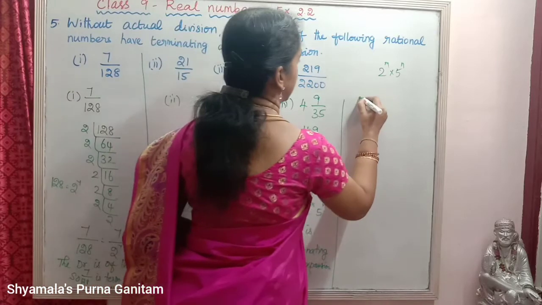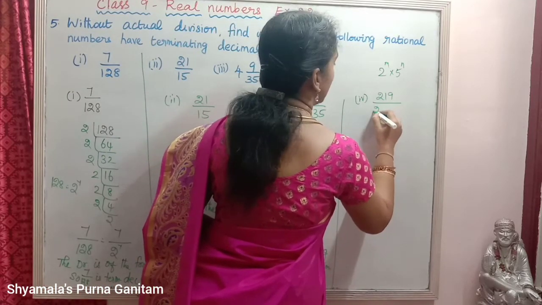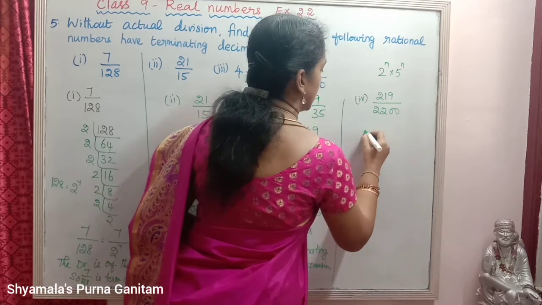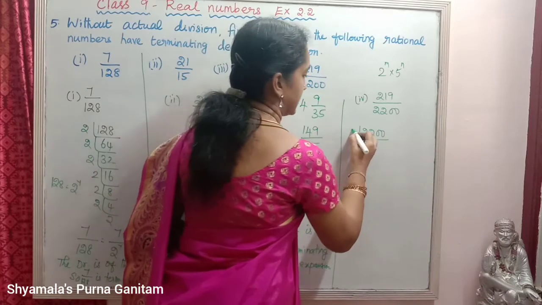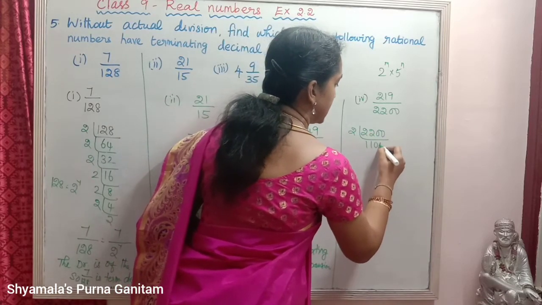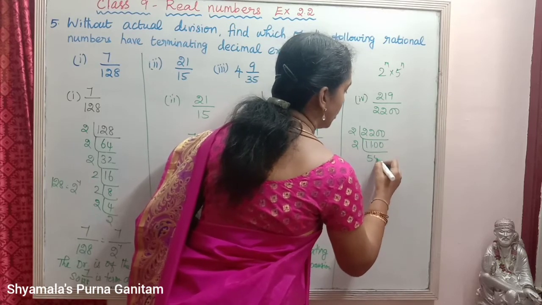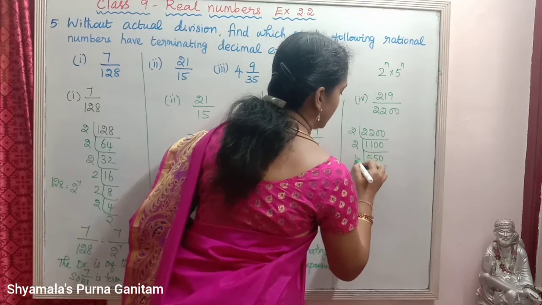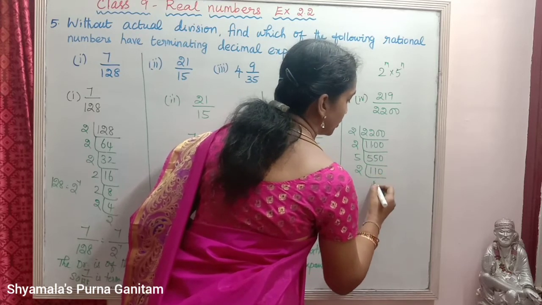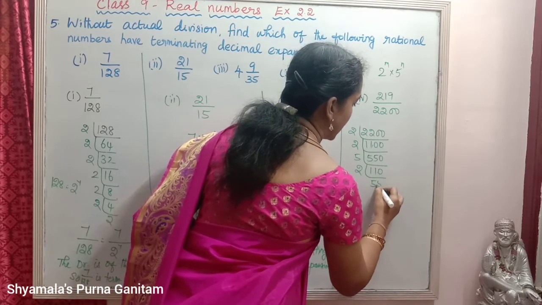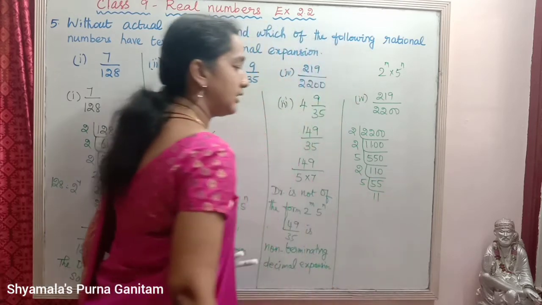Now the fourth one is 219 divided by 2200. For 2200, let us see the factors: 2 into 1100, then 2 fives are 10, then 5 into 110, then again 2 fives are 10, then 5 elevens are 55.